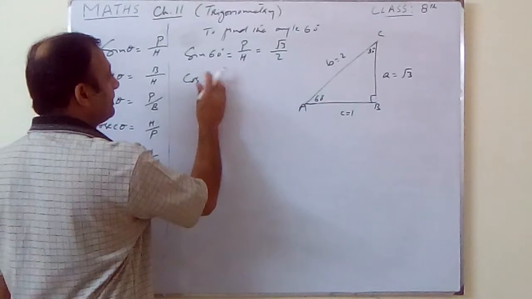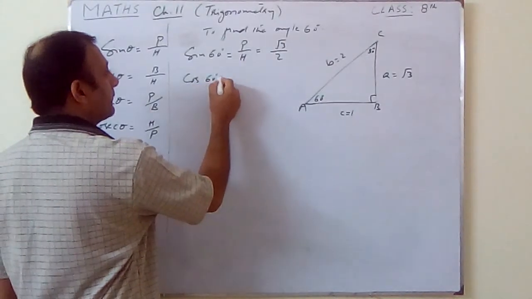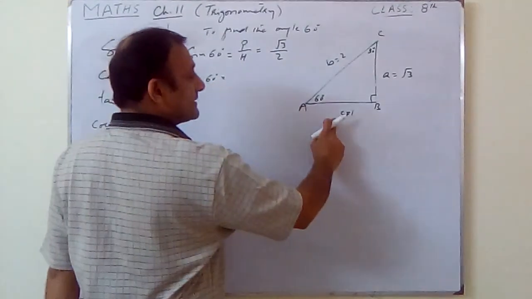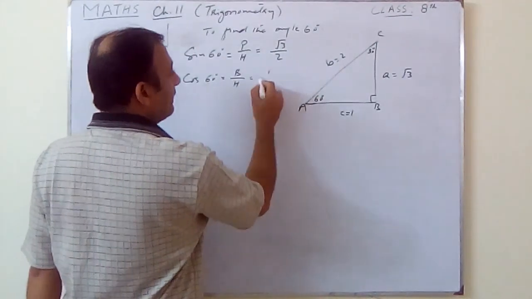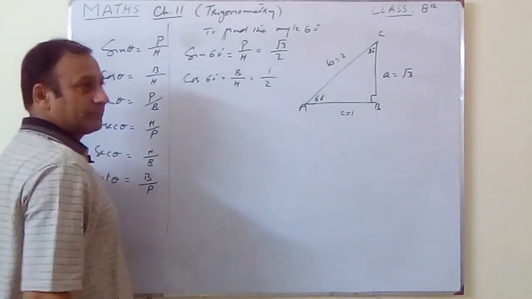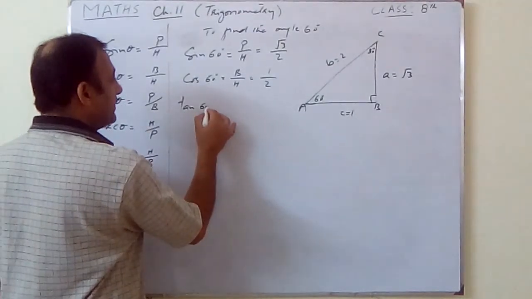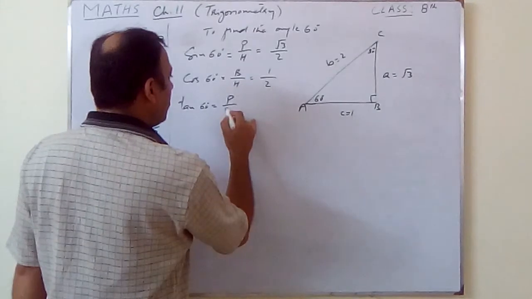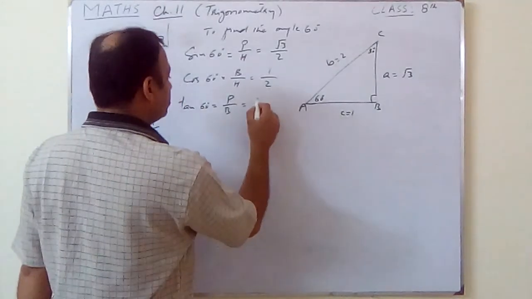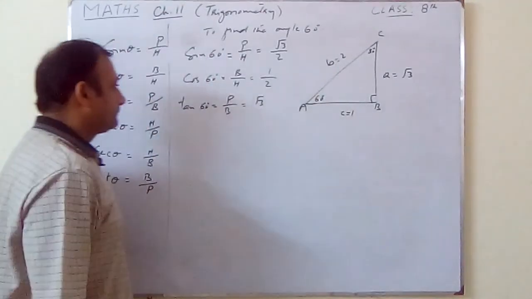Cos 60, base over hypotenuse, 1 divided by 2. Tan 60, that is perpendicular over base, so it is square root of 3 divided by 1.